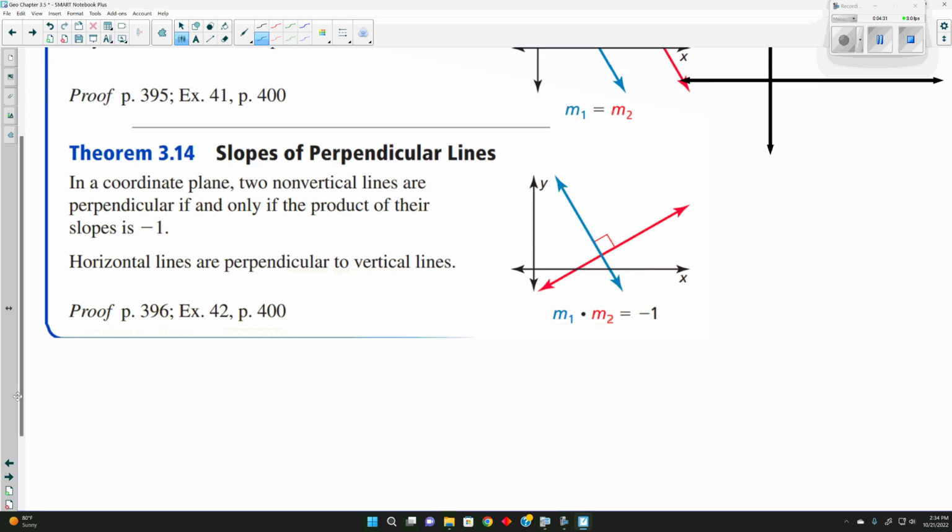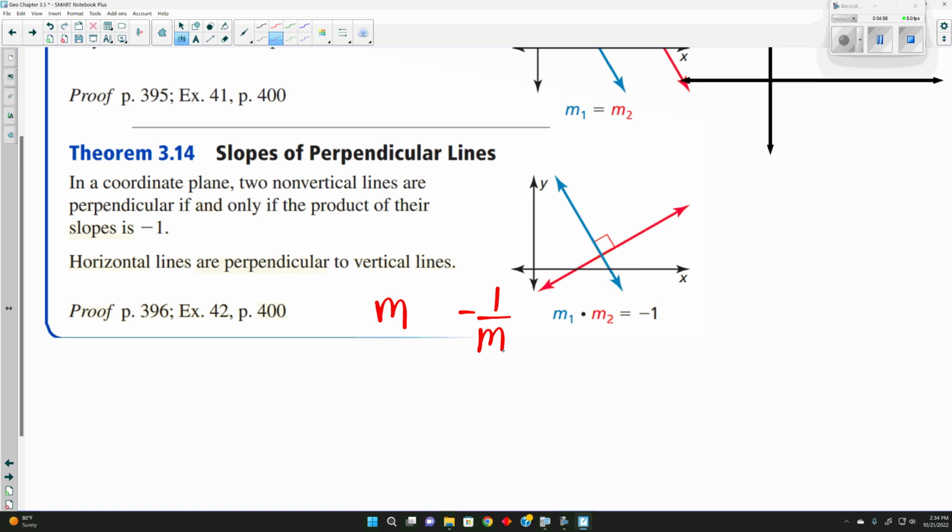The slope of perpendicular lines. Two lines are perpendicular if the product of their slopes is -1. And I believe, because y'all did these in Algebra 1, we said opposite reciprocal. Change the sign and flip it. So if the slope is m, its perpendicular slope is going to be -1 over m.